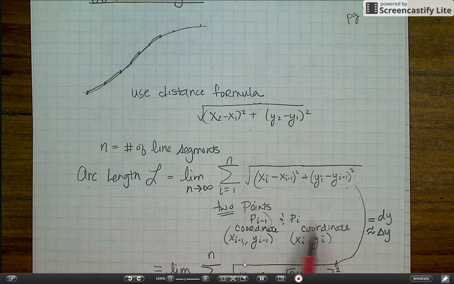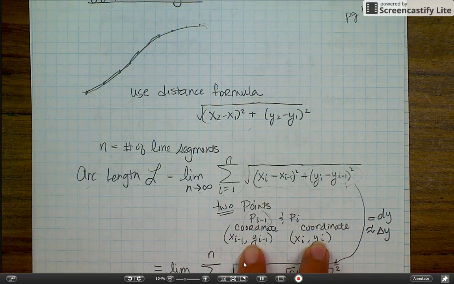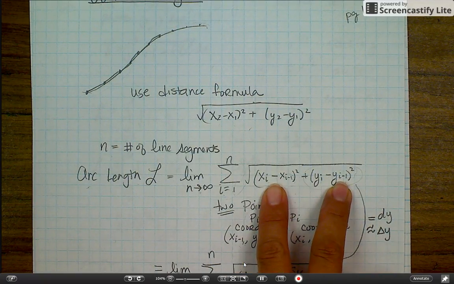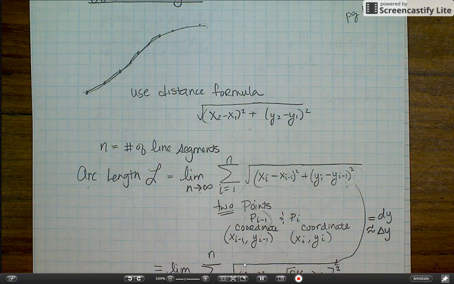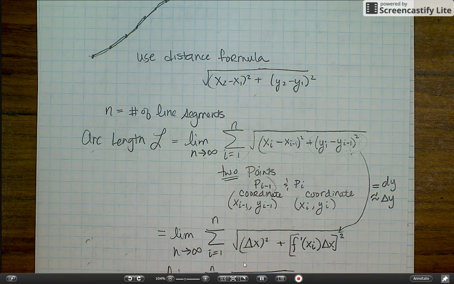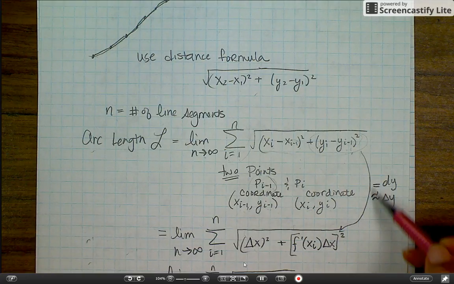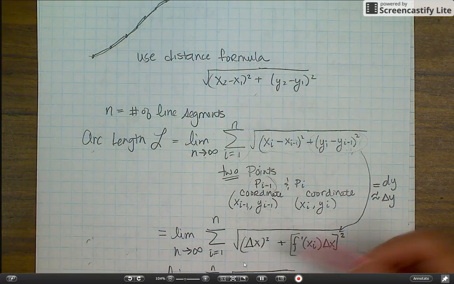And this is my next coordinate, i, and these are the two coordinates of those. Using these 2 coordinates, that is how we set up this distance formula, which we can easily simplify to this.